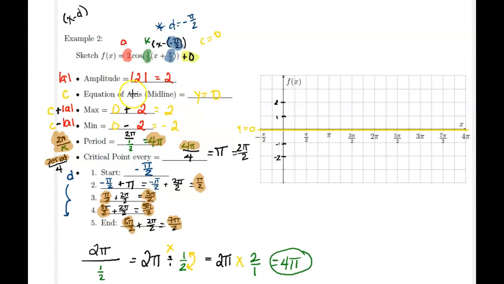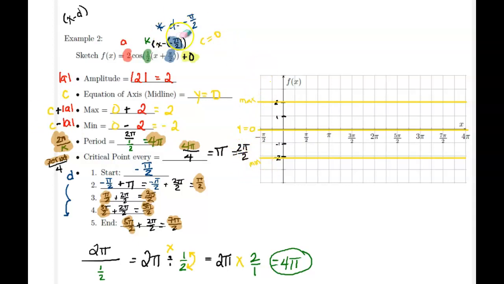Now I can set my maximum at +2, which is right here, and my minimum at -2, right there. So there's my max, my midline, and my minimum.